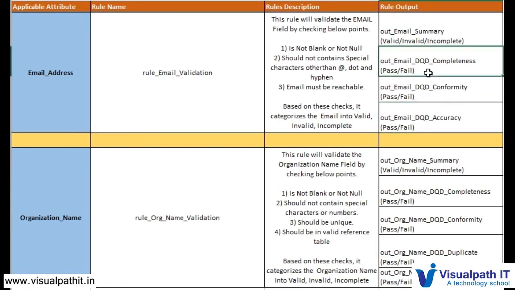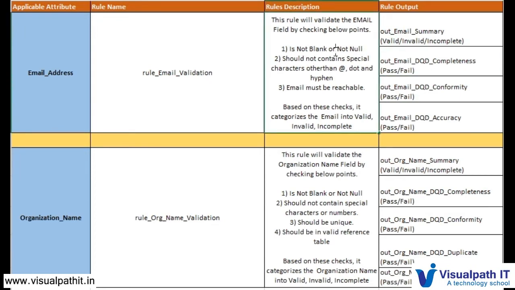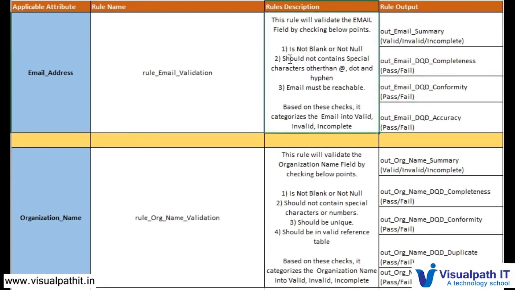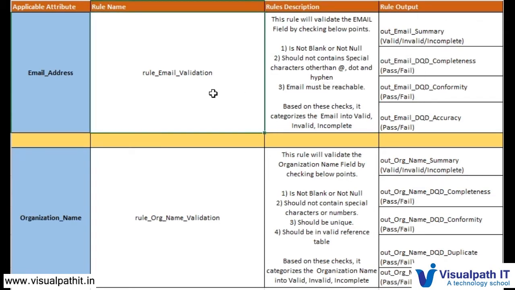Here DQD completeness talks about whether it is blank or not, and conformity talks about whether it should not contain special characters, and accuracy talks about whether we are able to reach that email or not. Based on the source input or the input field, we should be in a position to describe the rule, how it should work.